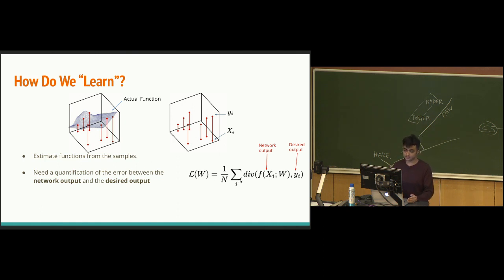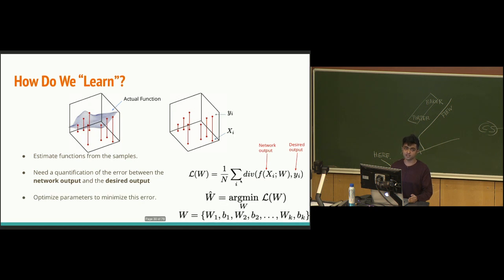This div is the divergence between the network output and the desired actual output, and we basically take the mean, and we want to minimize this loss term. So we want to find the set of weights such that we minimize this. And this capital W is the set of parameters, which is basically all the parameters of the neural network. That includes all the weights and the biases of each layer.